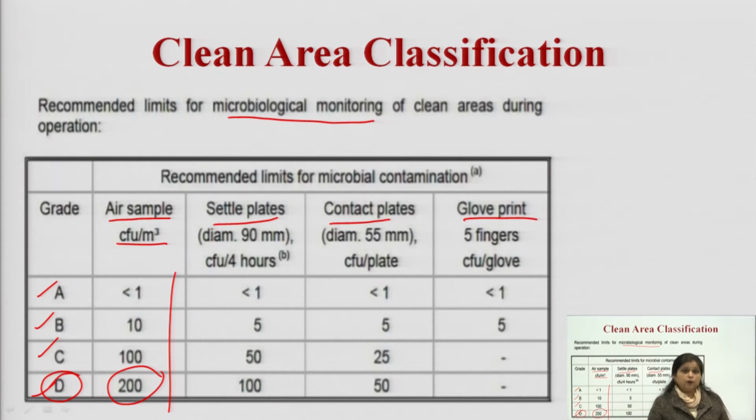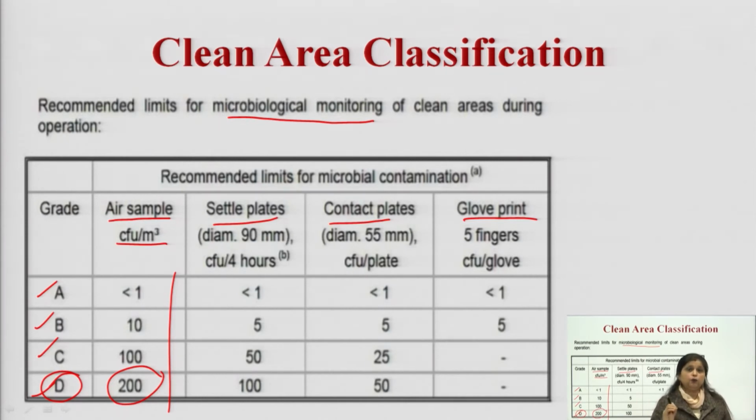That media will contain nutrient media, and that nutrient media will provide the nutrients for those specified microorganisms. The samples we have taken from the surface and from the air, we inoculate within the Petri plates which contain the media.